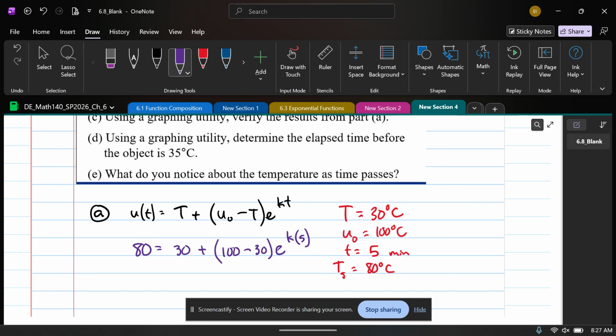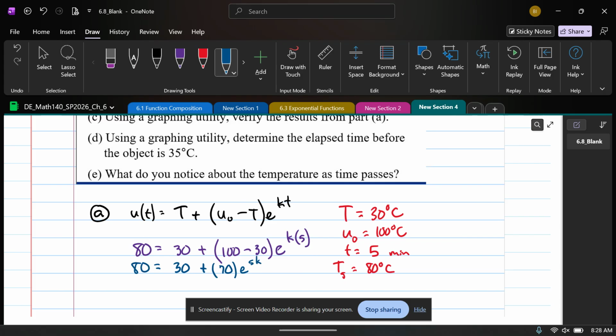We're going to solve this for k so that we get the cooling rate for this particular object. So let's do the math. I'm going to simplify, make that 70 e to the 5k.